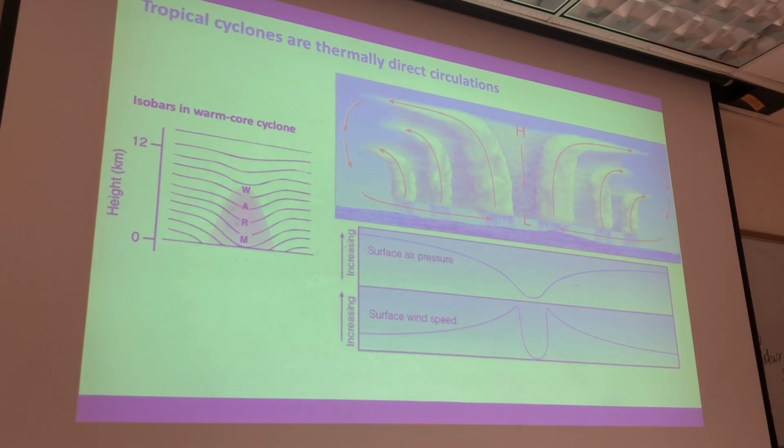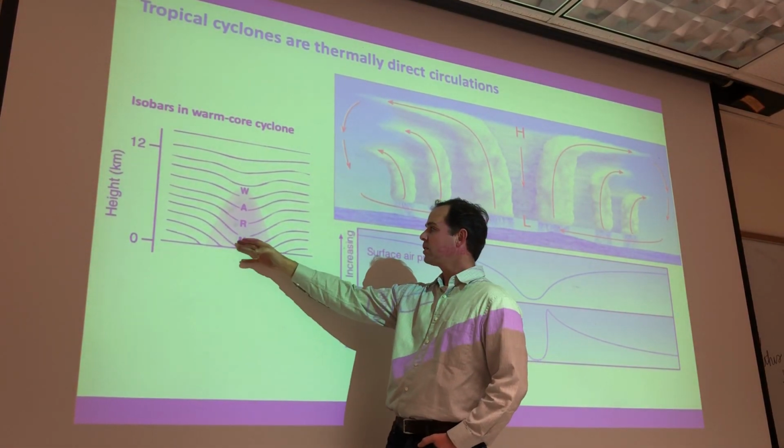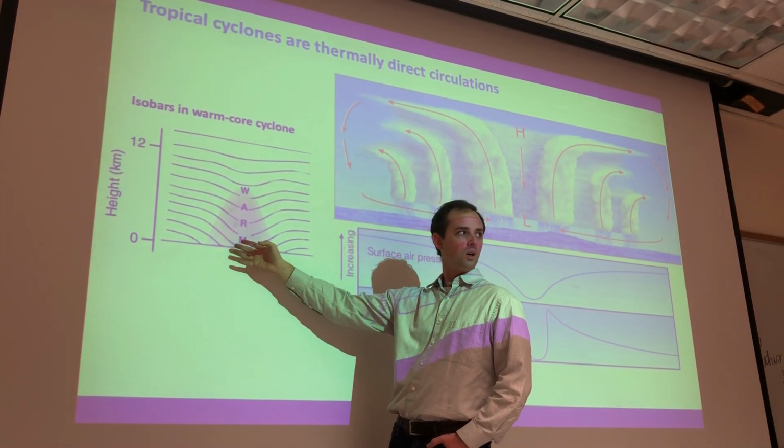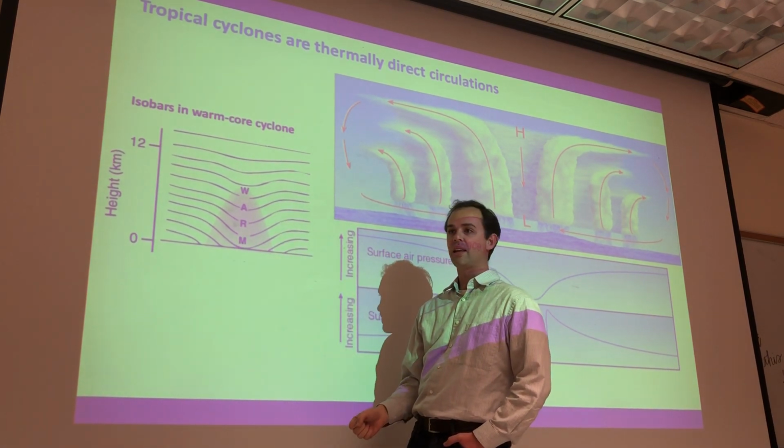We can also see thermally direct circulations on the scale of individual storms, and the biggest, baddest thermally direct storms are hurricanes, in which you have a circulation that looks like what we drew for the pressure cross section of the land sea breeze.